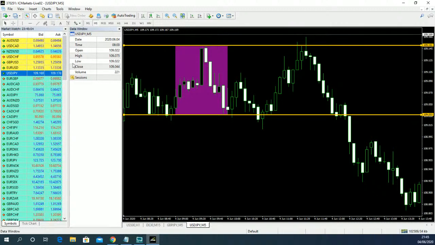You can look at the time in the data window. You see the box starts at 9:00 and moves on to 9:05, 9:10, and so on, and the box eventually ended at 10:00.